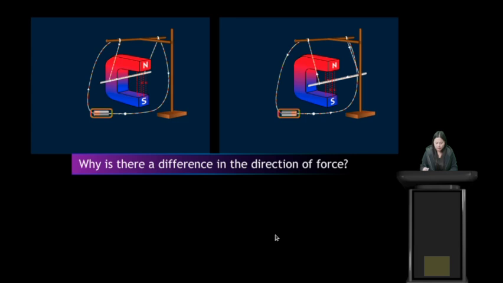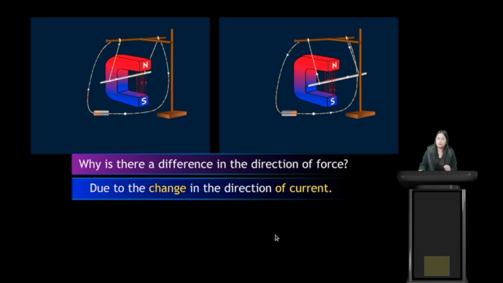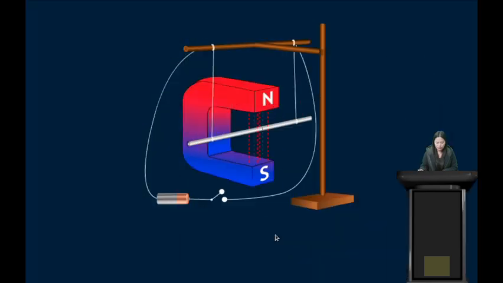We see that there is difference in direction of current. So there is difference in direction of force in these two cases due to change in the direction of current. In these two cases, the direction of magnetic field lines is the same, but the direction of current is reversed. That is why when we change the direction of current, there will be difference in the direction of force.